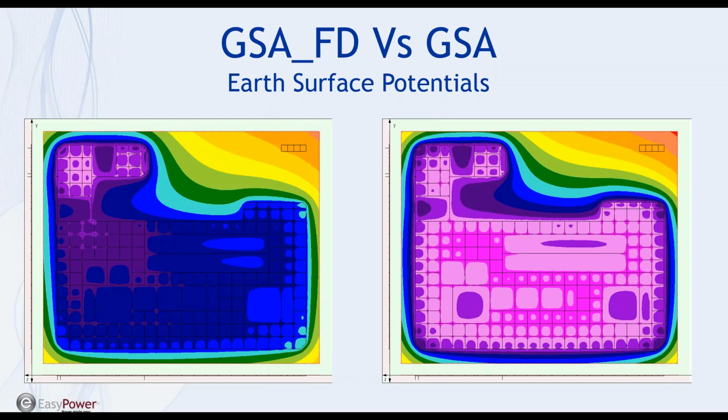Anyway, according to our experience, we can say that the equipotential assumption, which in this slide is represented by this second image and can be calculated by using GSA and not GSA FD, can be useful in about 50% of practical cases.